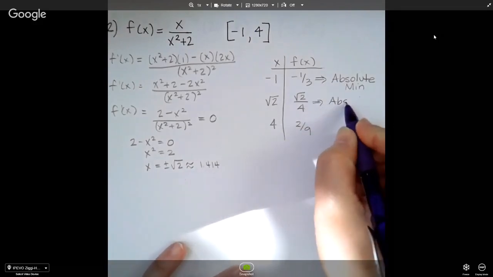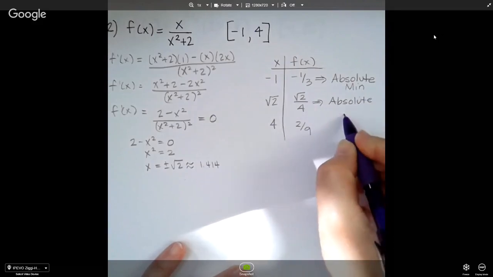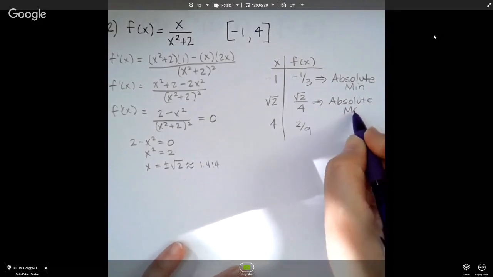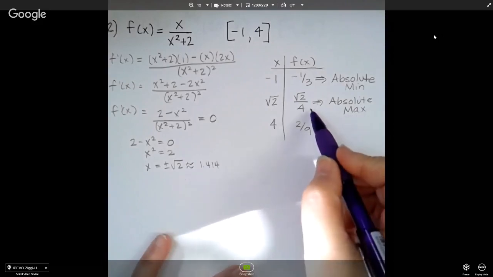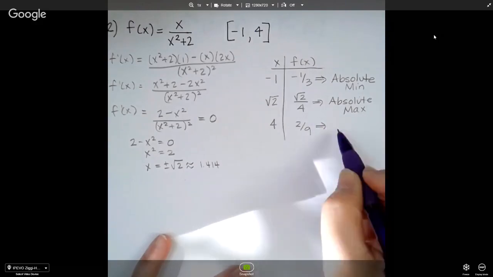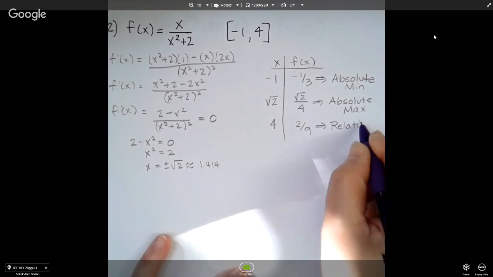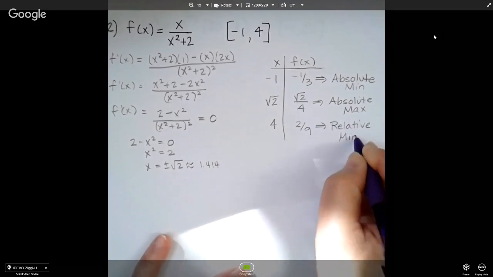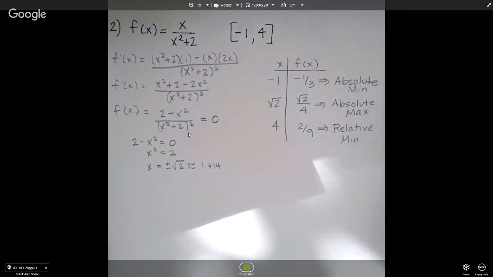This is the absolute max. This is about 0.25. And then what's happening to this, if this is the absolute max, I have to decrease to get there. So this is going to be a relative minimum. All right. So let's go to Desmos and see if it works.